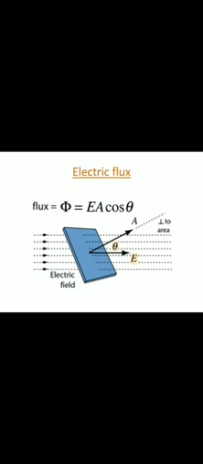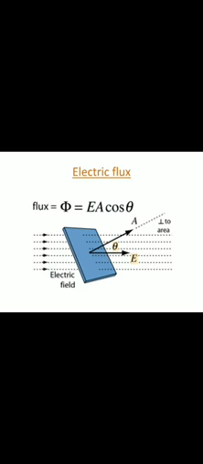For getting an equation for electric flux, which is denoted by phi, just refer to the figure given in your slide. You can see one area given by a blue shade, and you can see the direction of electric field lines passing through that area.